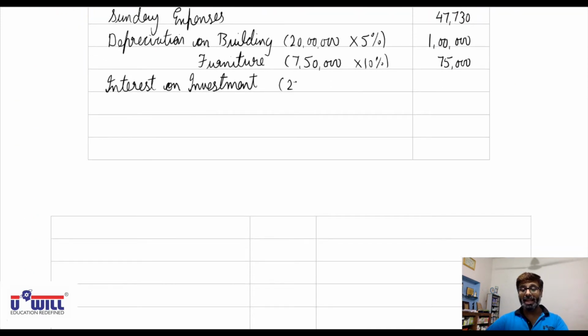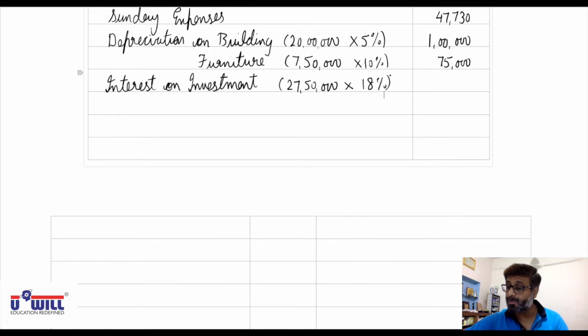So 27,50,000 into 18%. That is 4,95,000 of interest cost. So all the expenses are taken into consideration.